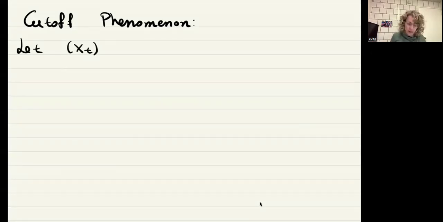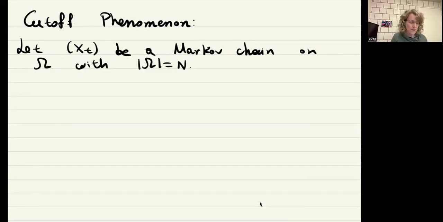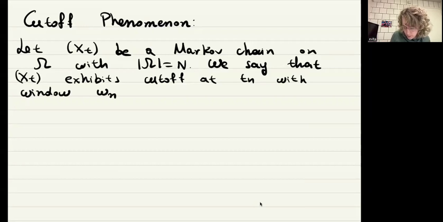If we have a Markov chain on a finite space omega, let's say with size capital N, just not to mix with little n, we say that Xt exhibits cutoff at a time Tn with window Wn if, 1, Wn is little o of Tn.